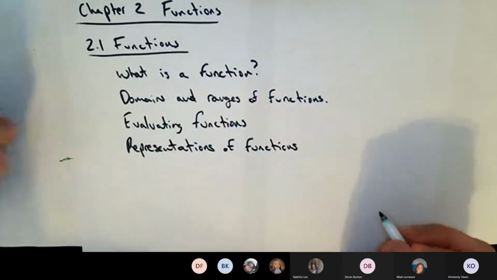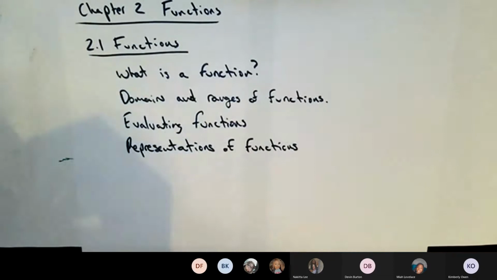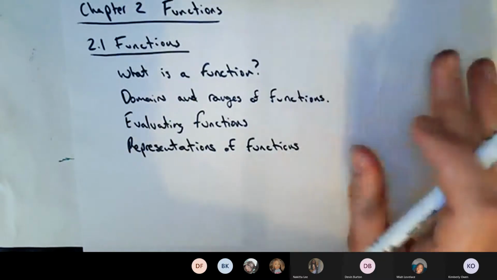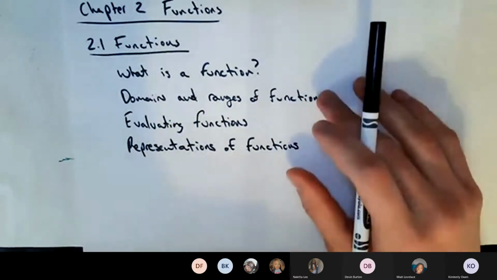Representations of functions, meaning we can represent them algebraically, which is going to be the most useful way. We can also represent them verbally, which is just going to be an exercise in making sure you understand order of operations. That'll make sense when we talk about it.